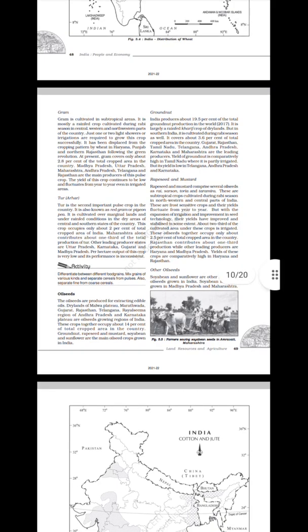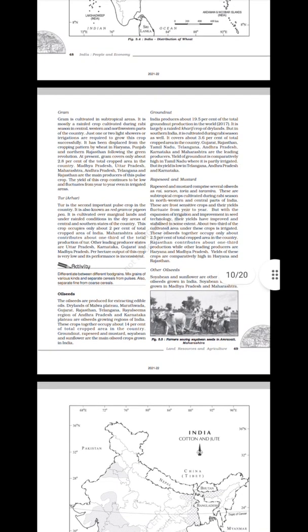It has been displaced from the cropping pattern by wheat in Haryana, Punjab, and northern Rajasthan following the Green Revolution. At present, gram covers only about 2.8% of the total cropped area in the country. Madhya Pradesh, Uttar Pradesh, Maharashtra, Andhra Pradesh, Telangana, and Rajasthan are the main producers of this pulse crop. The yield of this crop continues to be low and fluctuates from year to year even in irrigated areas.